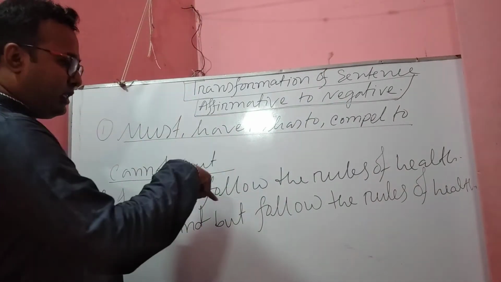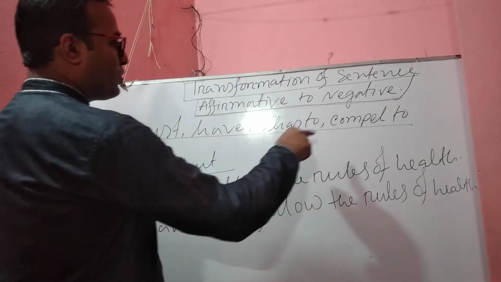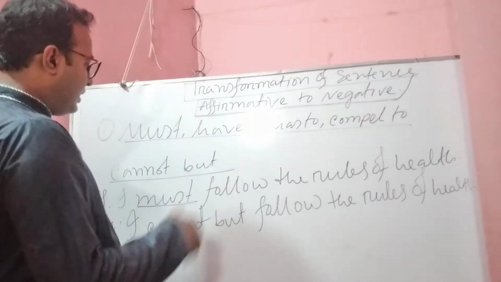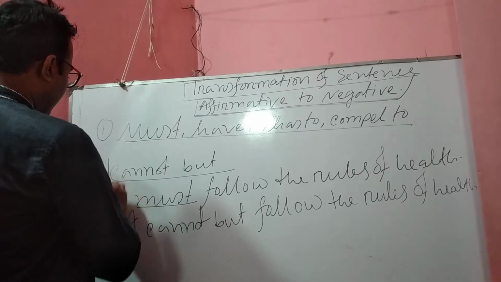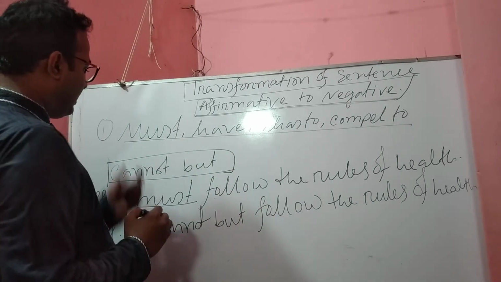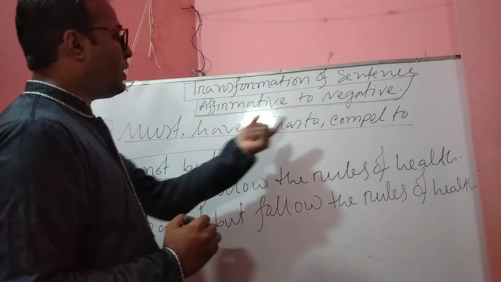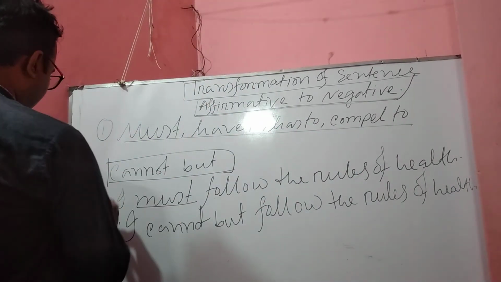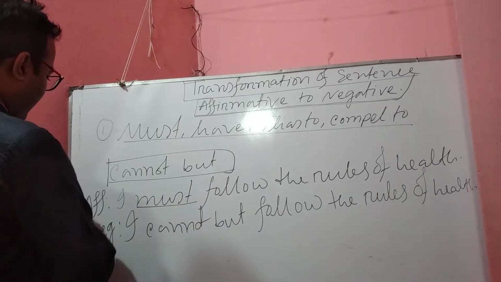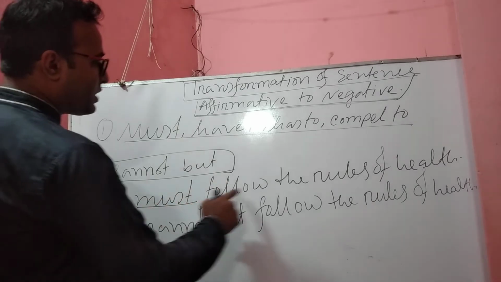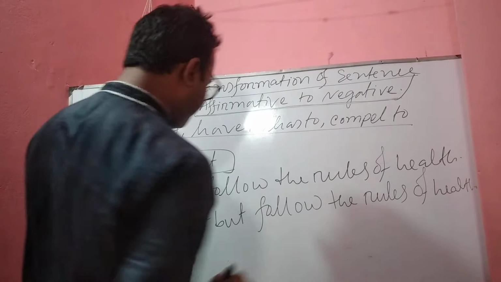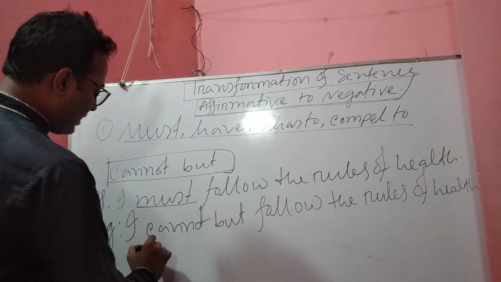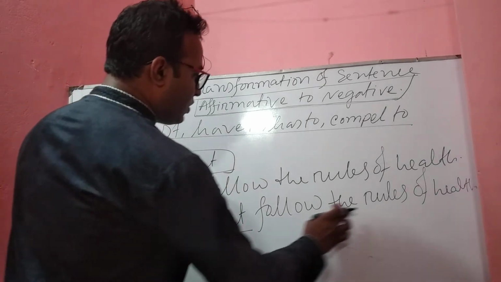If you find must, have to, has to, compel to after the subject, then you can use cannot but instead of must, have to, has to, compel to. Just take an example. In affirmative: I must follow the rules of health. The negative will be: I cannot but follow the rules of health.